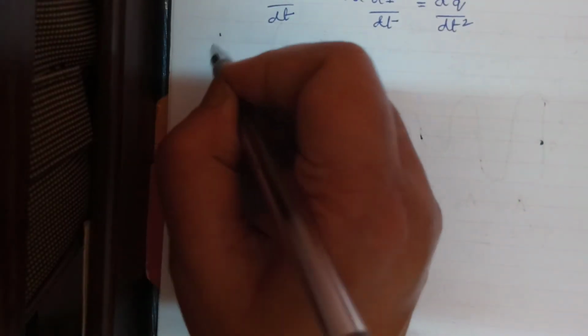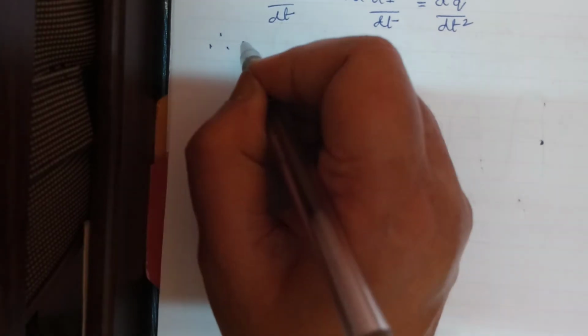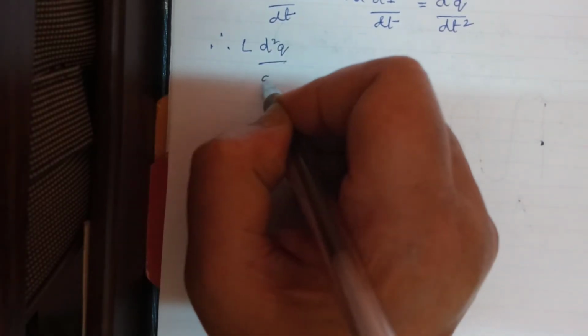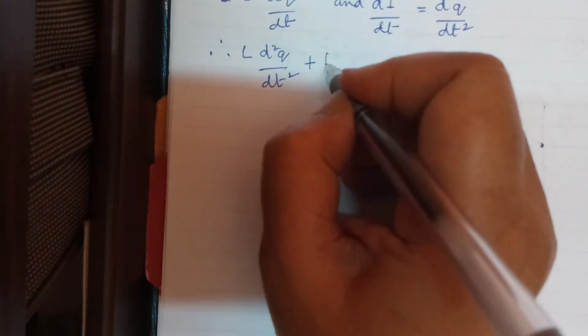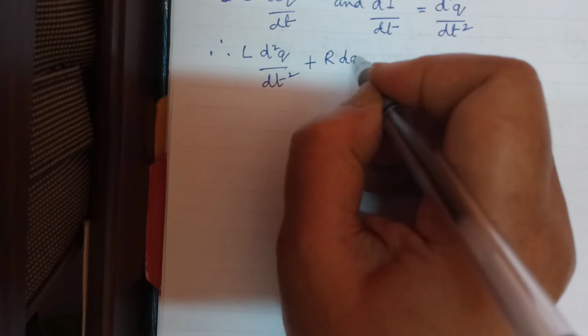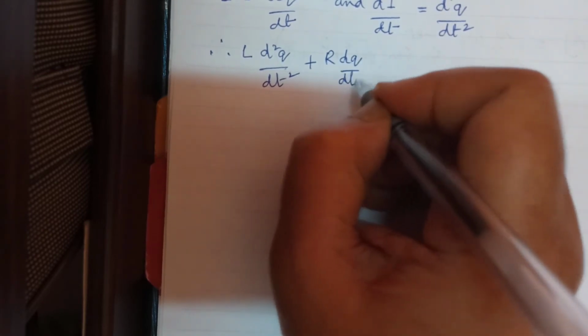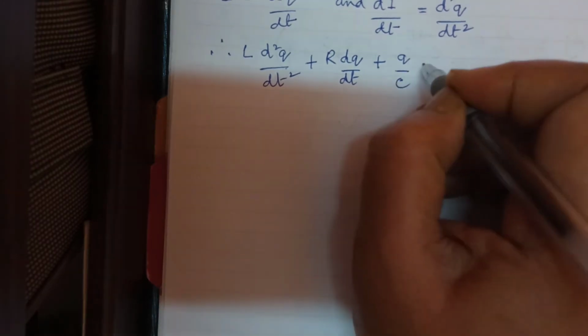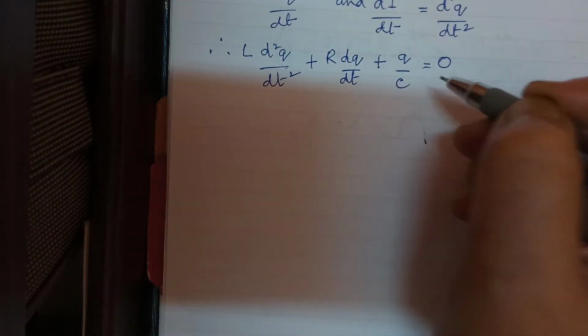So you see, therefore, L d2q/dt square plus R dq/dt plus q by C is equal to 0.